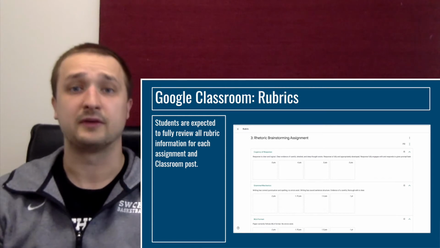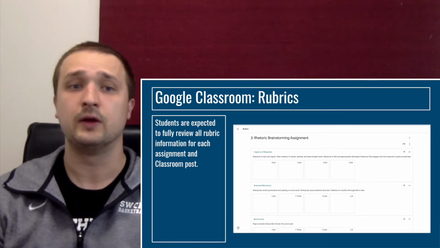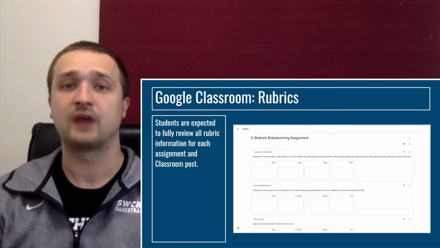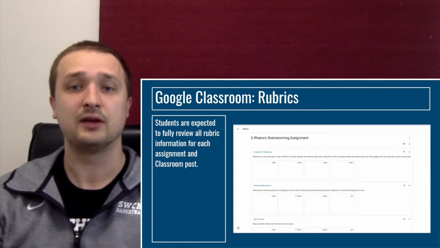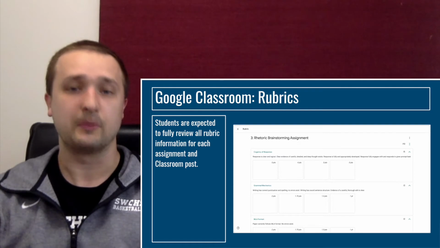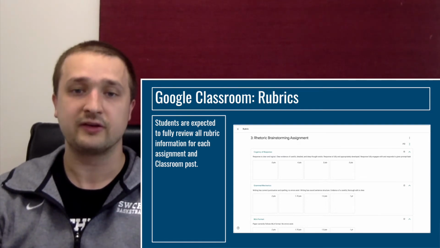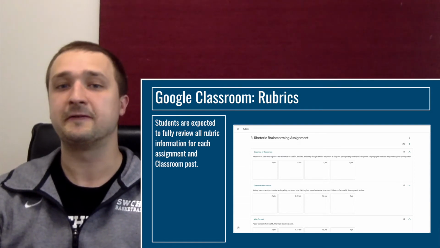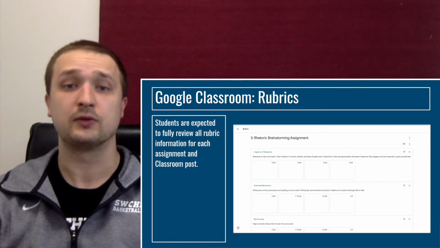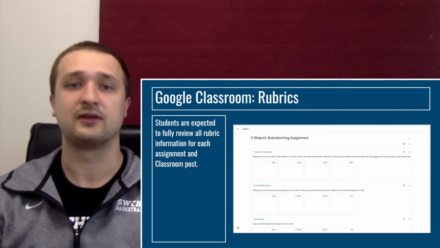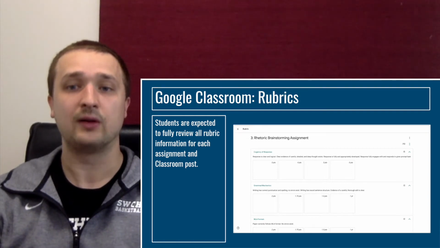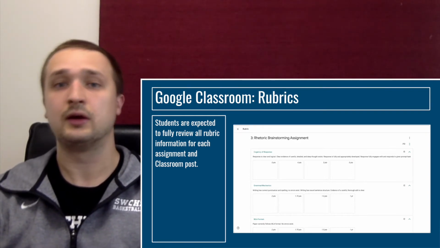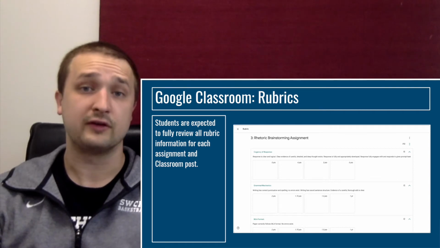Something else that you're expected to do is fully read and review all rubric information for each assignment and Classroom post. I'm going to go back a couple slides. You can see on assignment and question posts, near the bottom, it says rubric, 4 criteria, 10 points. So that's where you can find and open up the rubric. Once you click on that, it brings you to something that looks like this. This is where all the criteria for each rubric is broken down. It tells you how many points you can earn and the explanation for all the different criteria.